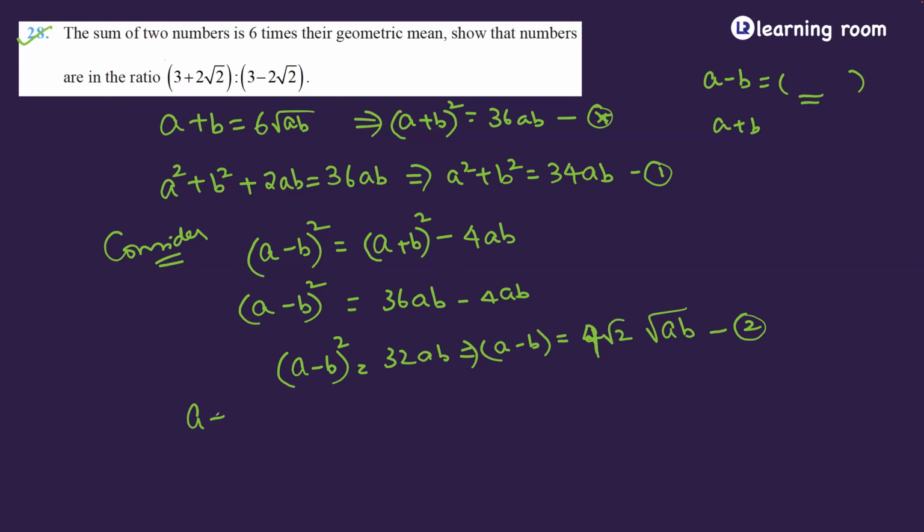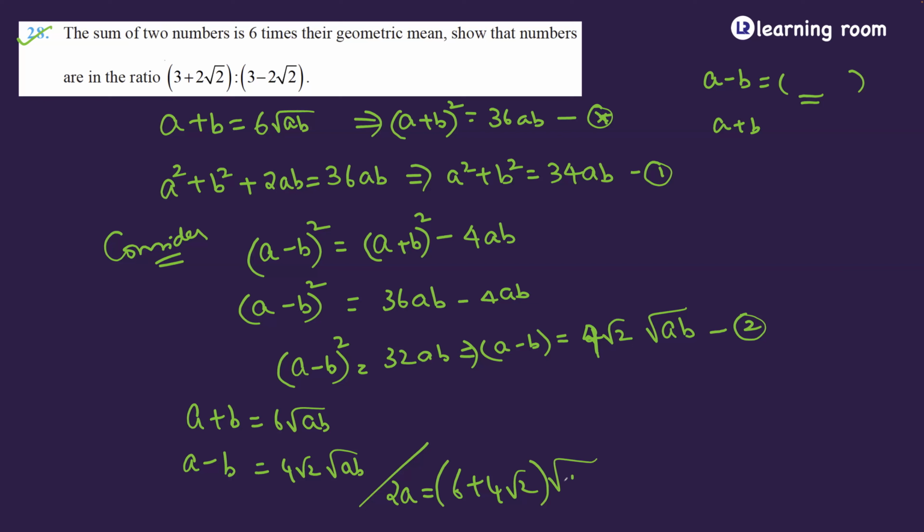A plus B is 6 times root AB and A minus B is 4 root 2 times root AB. When I solve both simultaneously, A plus B plus A minus B is going to give me 2A. So 2A is equal to how much? 6 plus 4 root 2 times root AB.